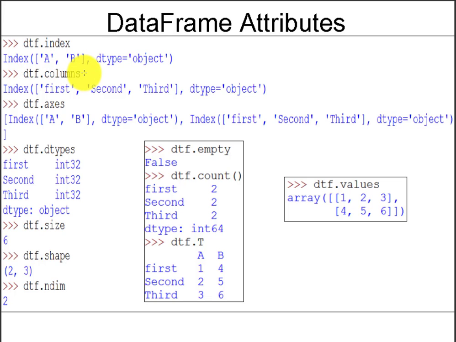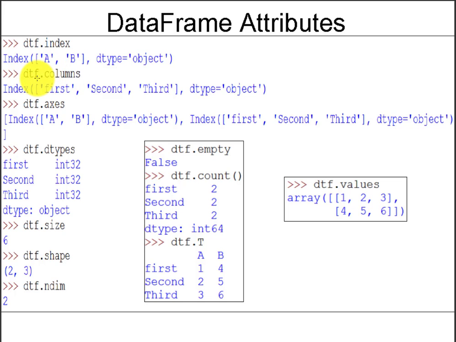With the help of the index attribute, you can see the index of your data frame. DTF dot index returns the index, A and B, and its data type. Clear?